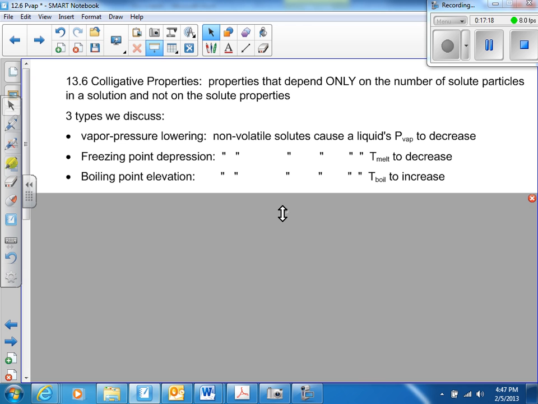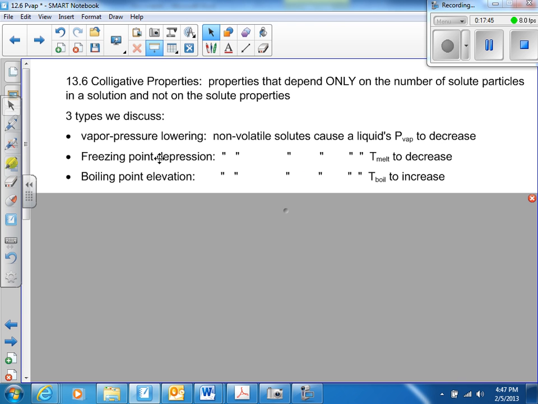Okay, there are 3 colligative properties we're going to talk about. Vapor pressure lowering. Remember, vapor pressure is that equilibrium pressure that occurs between a liquid and its vapor above the liquid in a closed container. It turns out when you dissolve solutes, non-volatile means they don't evaporate. If you put a solute that won't evaporate into a liquid, the liquid's vapor pressure goes down.